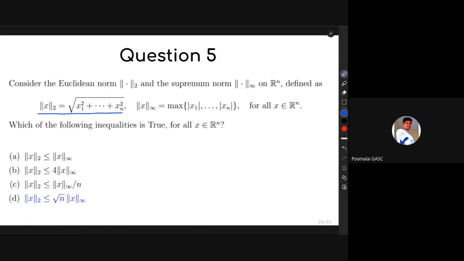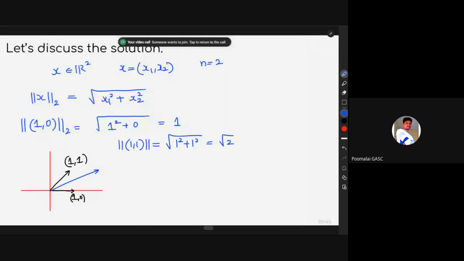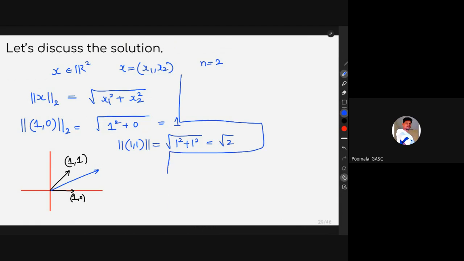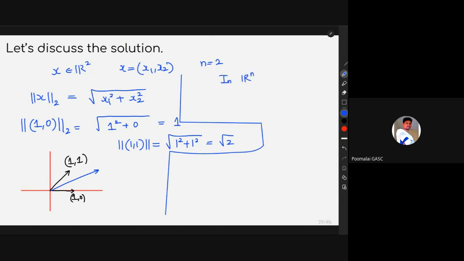So in Rn, a vector will have n coordinates. Let me partition this. In Rn, any vector x will have n coordinates, x1, x2, up to some xn.